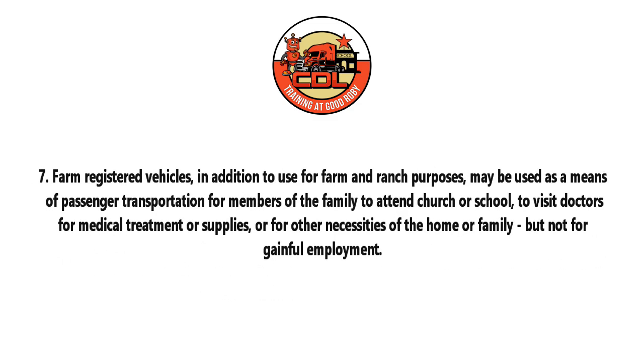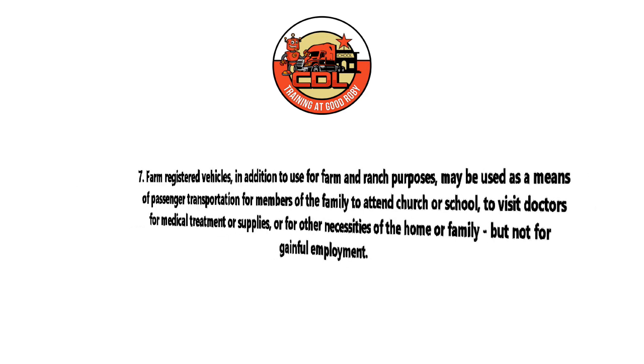7. Farm registered vehicles, in addition to use for farm and ranch purposes, may be used as a means of passenger transportation for members of the family to attend church or school, to visit doctors for medical treatment or supplies, or for other necessities of the home or family, but not for gainful employment. 8.